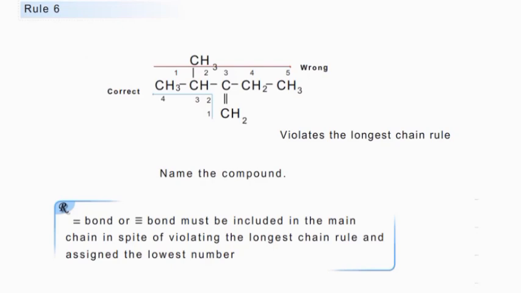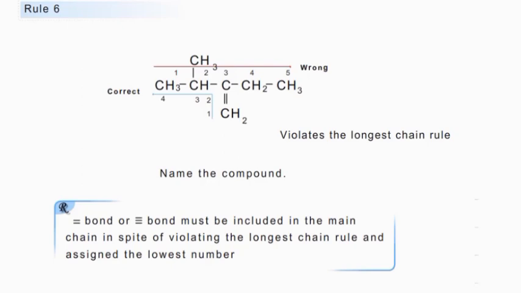Please understand, if you are not selecting a main chain which contains the double bond or the functional group, what will happen? This double bond or the functional group will be excluded from the name of the compound.